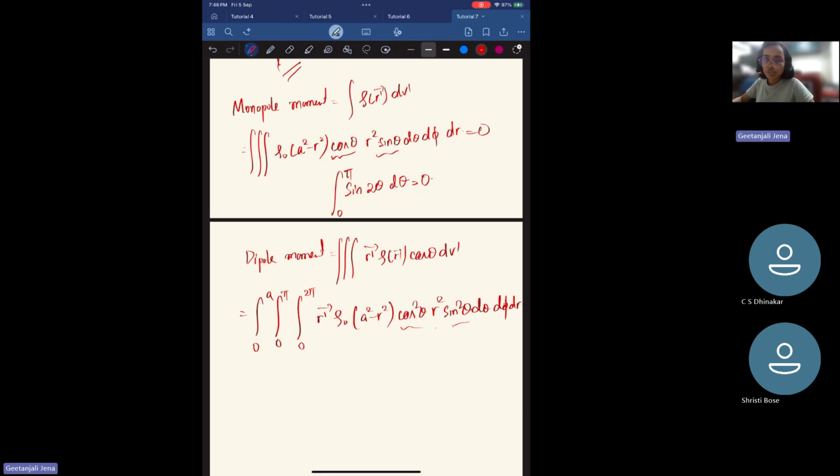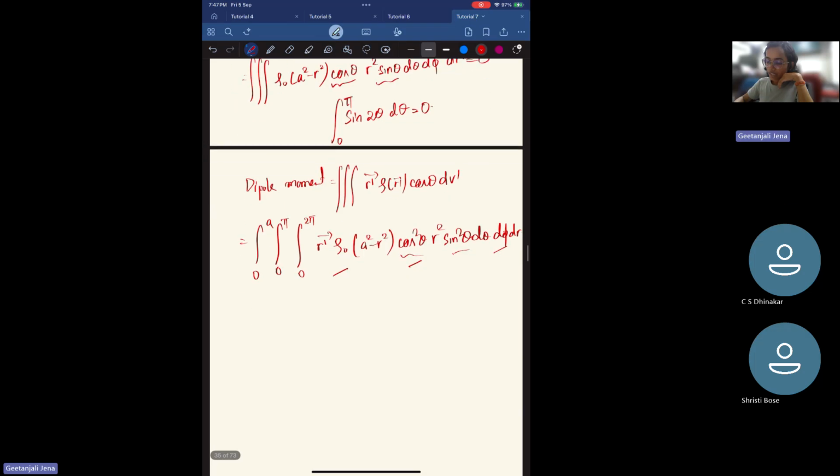So it's like sin square 2 theta, and sin square 2 theta, you can write in terms of cos 4 theta. So from that, you will see it is non-zero, d phi is also non-zero, and r is also non-zero. So that means the dipole moment is non-zero.